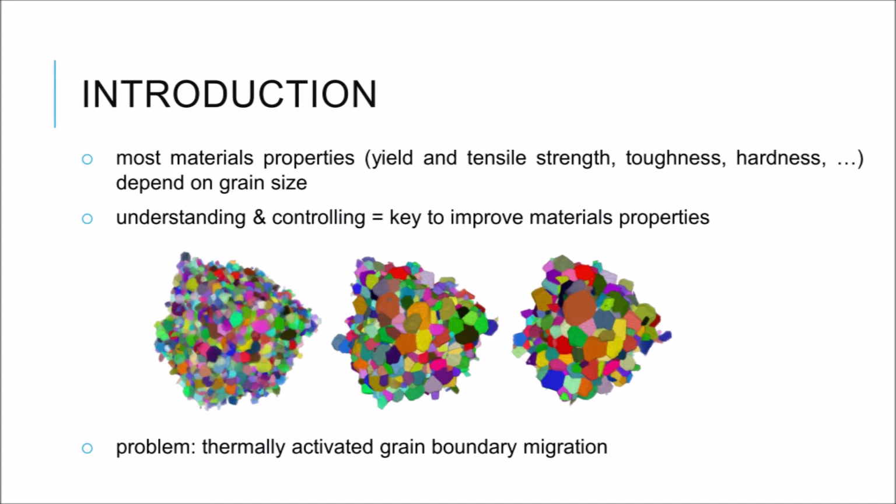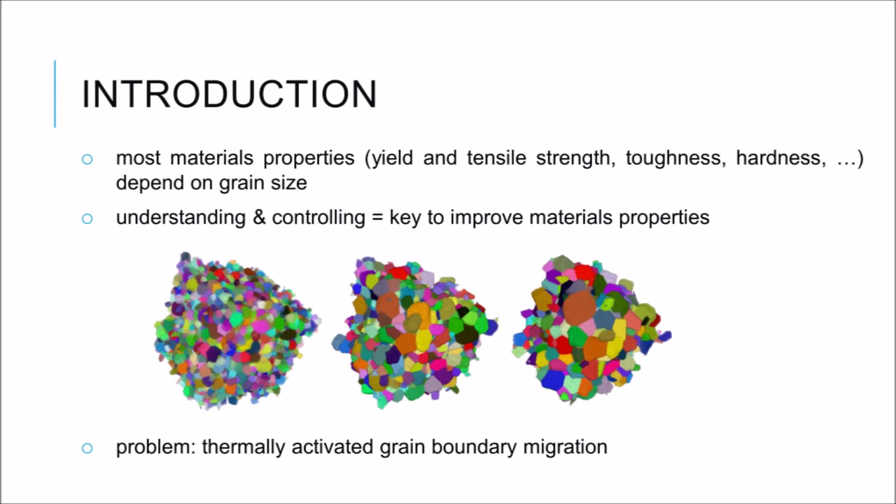Now, the problem is shown here in this image. You can see how the microstructure changes over time, and this is precisely the problem. It's called thermally activated grain boundary migration, or grain growth simply.